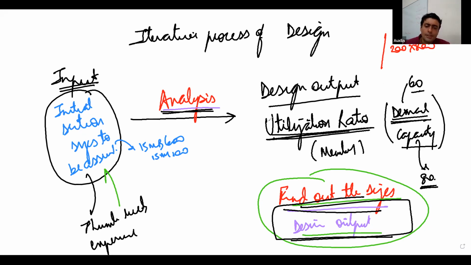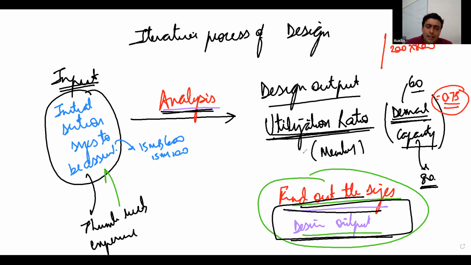So utilization ratio will be 60 upon 80, 0.75. Is this concept clear? Utilization ratio. So whenever we do steel projects, the outputs the software gives, whether we are using ETABS or STAAD.Pro, are always in terms of UR or utilization ratio.